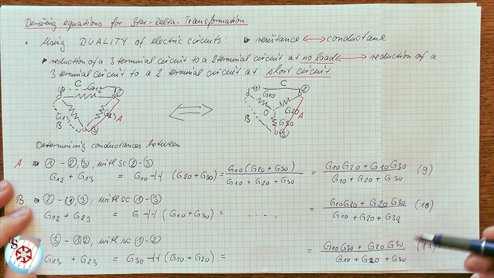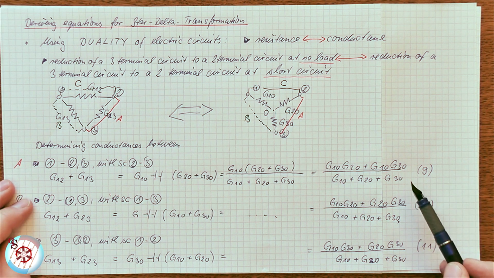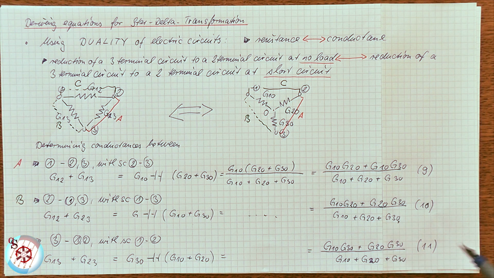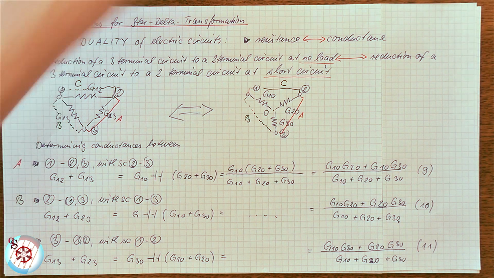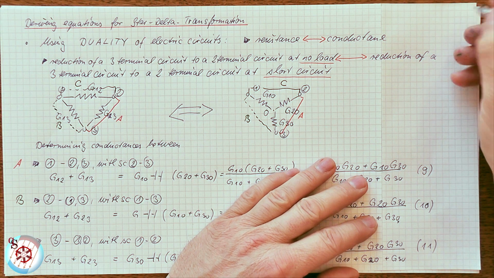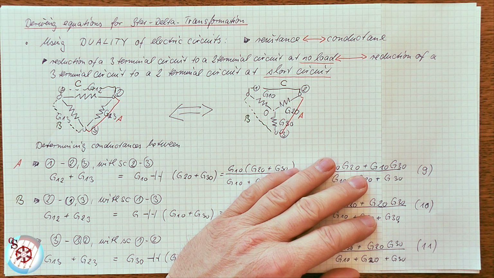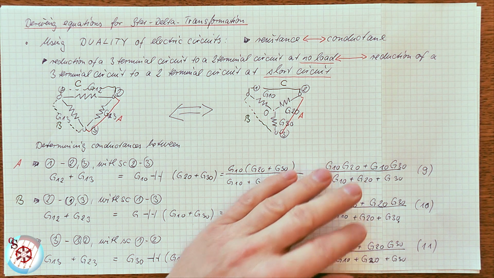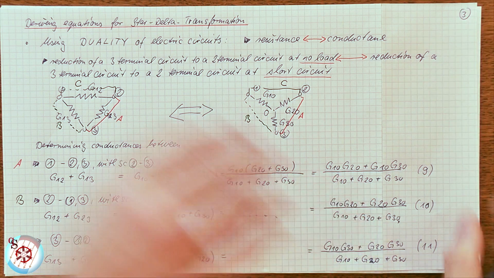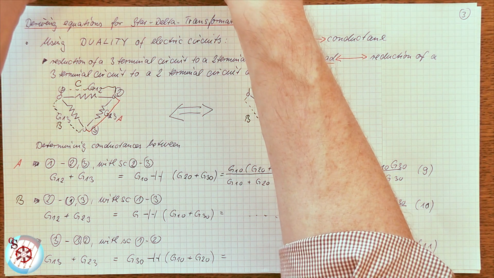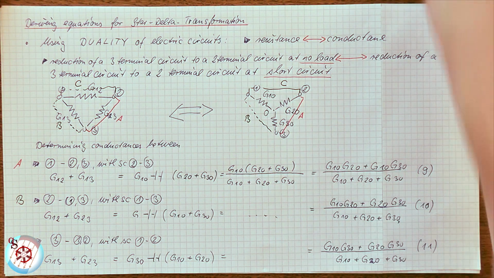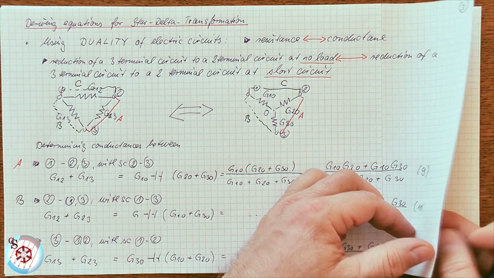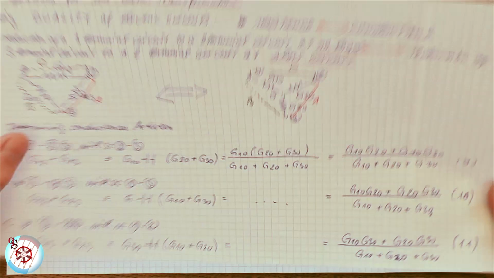So as you probably have noticed, now we have the same structure as we had in the previous delta to star transformation. So you may already sense that it'll be rather easy now to obtain the equations for solving those equations for G12, G23 and G13.